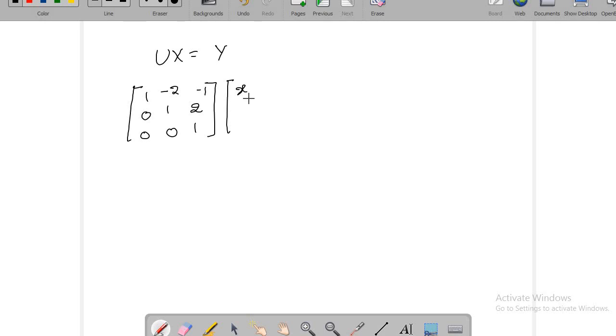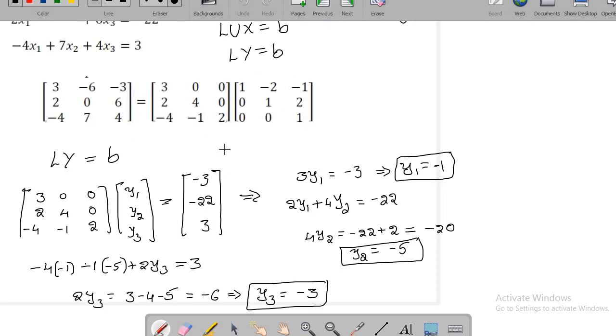This is multiplied with x1, x2 and x3, which is equal to y. We know y: -1, -5 and -3. Am I correct? Yeah.